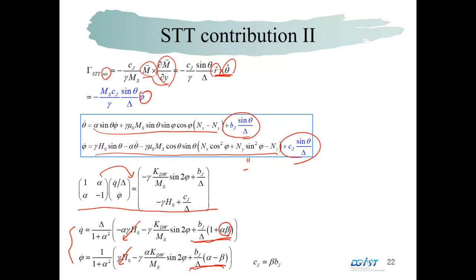Alpha is small and beta is also small. And this is of order 1. And this term is also of order alpha. So compare this term and this term, which one is more important? This term seems very important.